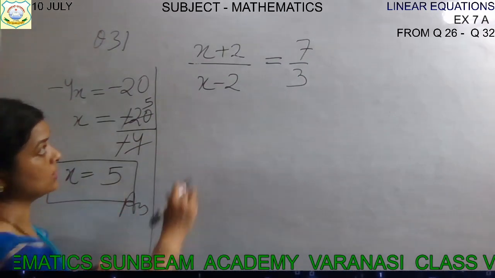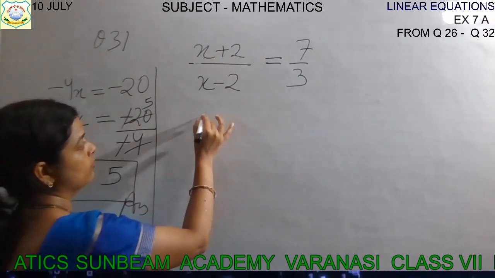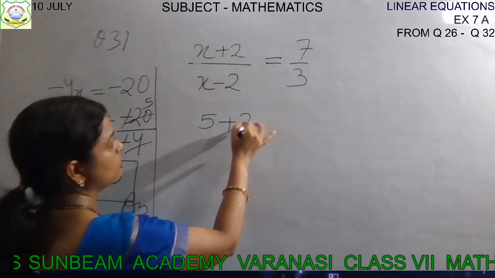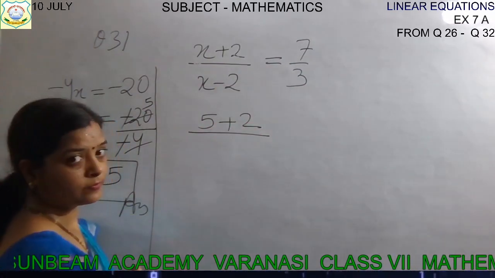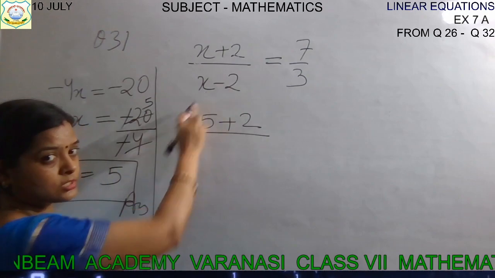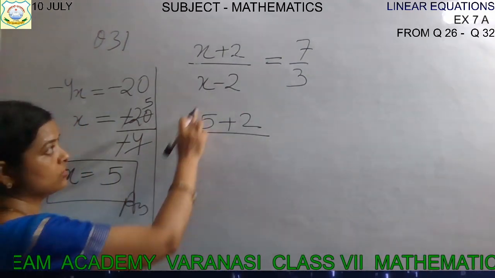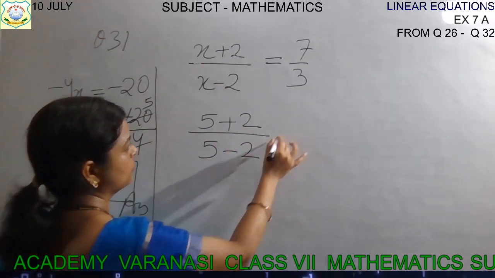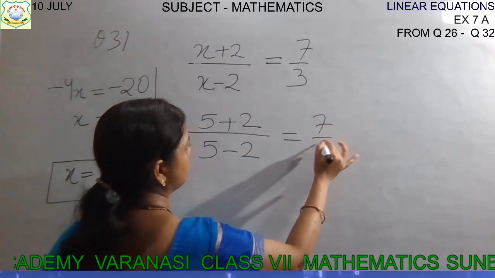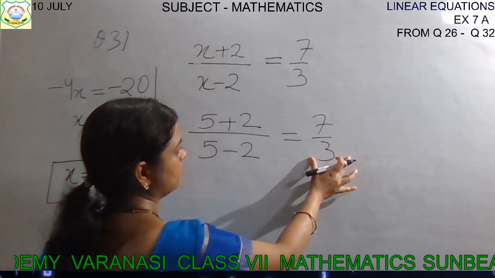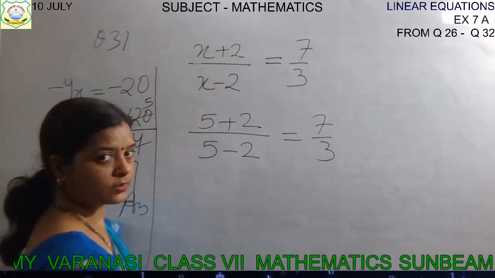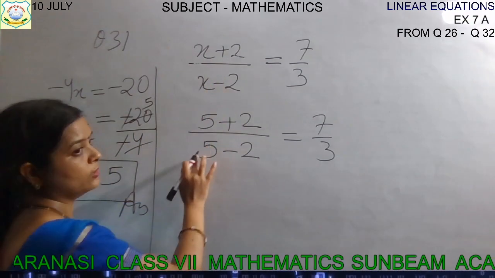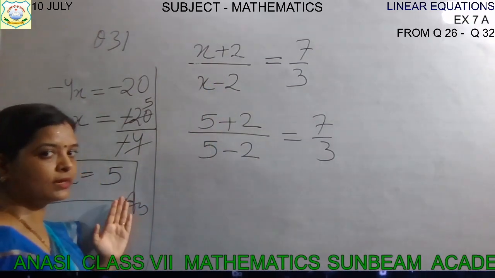Okay, let's check. x is 5. In place of x, write down 5 plus 2 divided by, what is x, children? Just now you have found x is 5. So put the value of x as 5 minus 2. That is equal to 7 by 3. There is no x, so it will be written as it is.